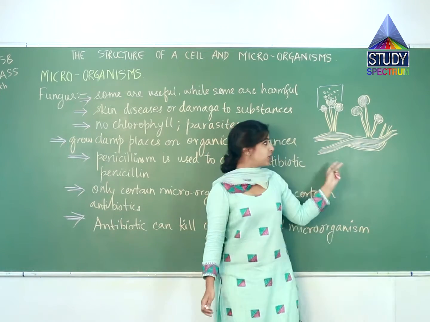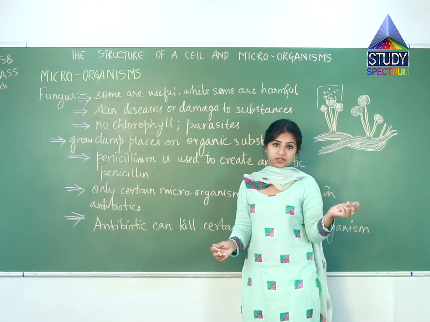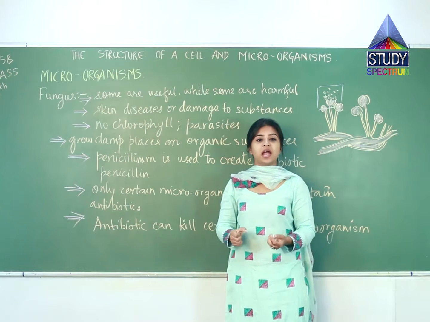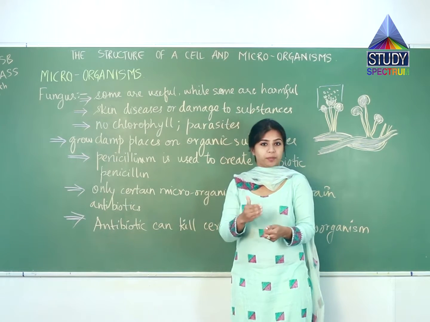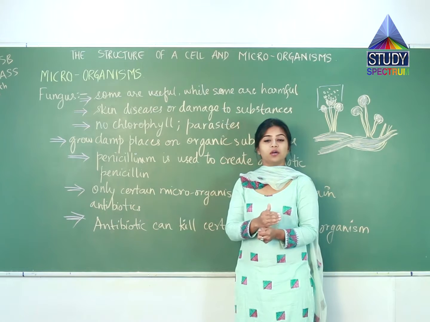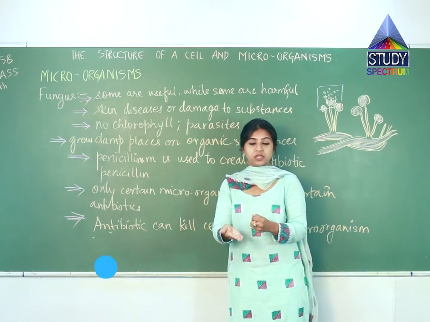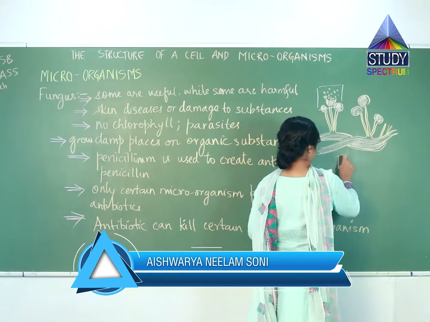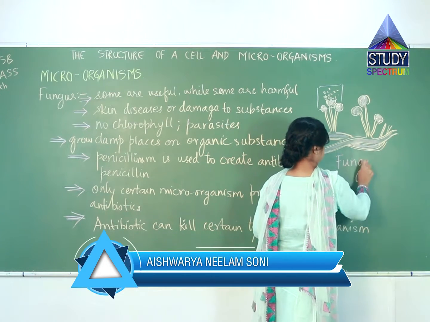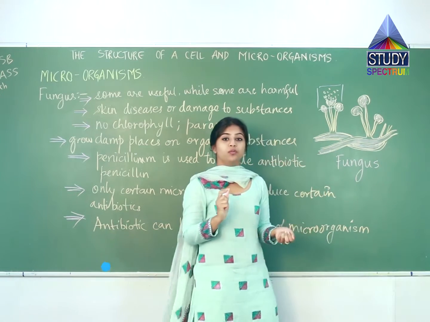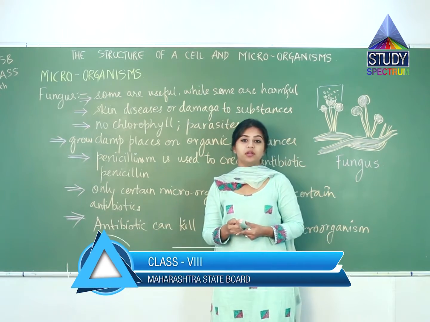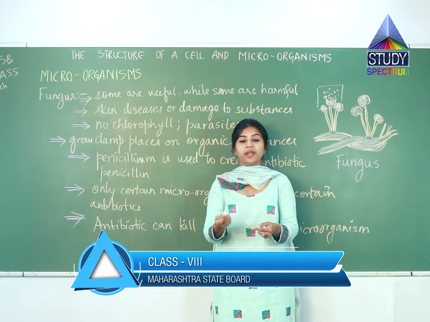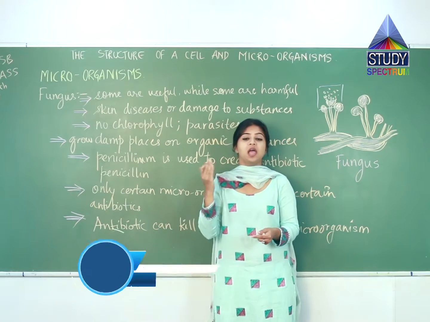Now, because of this structure, the microorganism structure, and no chlorophyll present in it, the process of photosynthesis would not be performed well, and because of this absence of photosynthesis, the microorganism, that is the fungus, will not be able to retain energy, because there's no food made from photosynthesis.